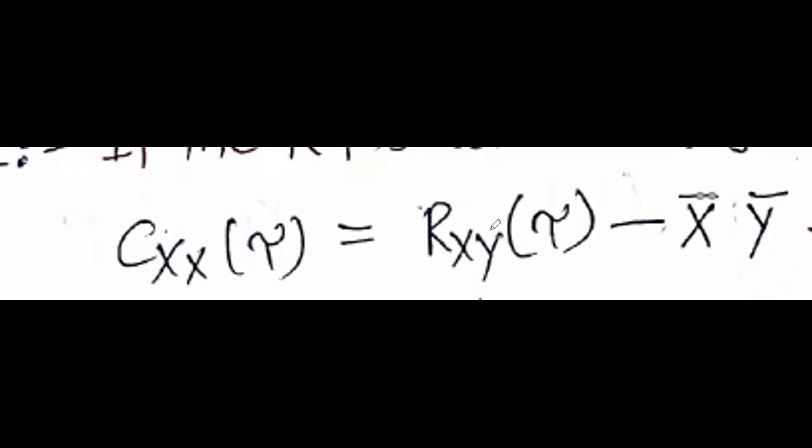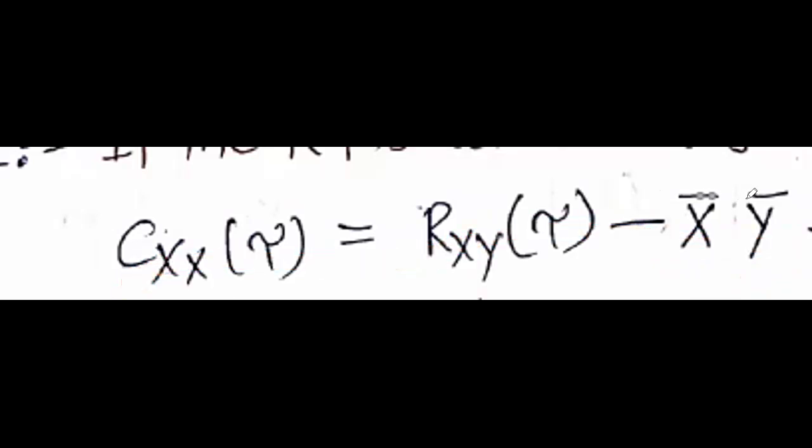If the two random processes are jointly wide-sense stationary, then it has to satisfy this condition, right? The conclusion from this equation is that the cross covariance function is not a function of absolute time, but it depends on time differences.